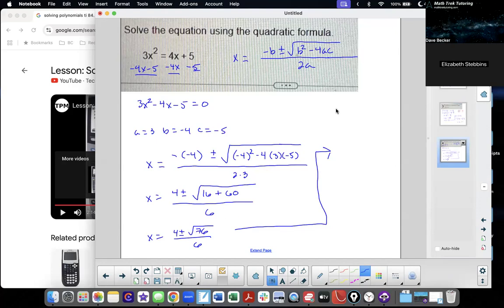I can't remember if you and I talked about it. I would put it in my calculator. If they want an exact answer, though, you're not going to be able to use the decimal. Okay. So the bad news is the square root of 76 simplifies into 2 square root 19.